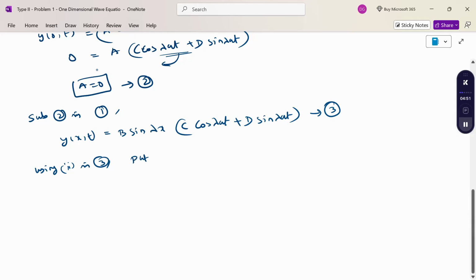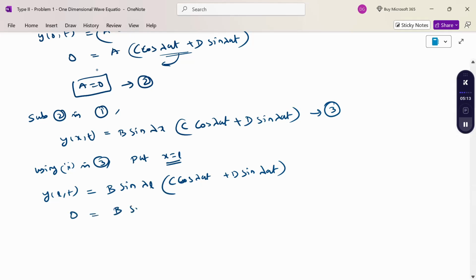The condition is x equal to L, so substitute x = L in the third equation: y(L, t) = B sin lambda L (C cos lambda a t + D sin lambda a t). The left hand side is 0 by the boundary condition. The other terms are non-zero, because if B were 0, with A already 0, all values would be 0, which is a trivial solution.